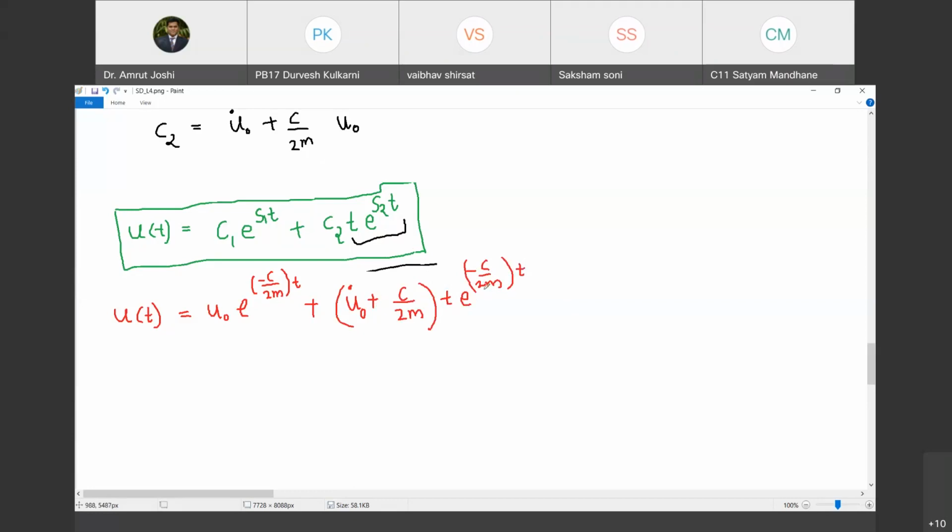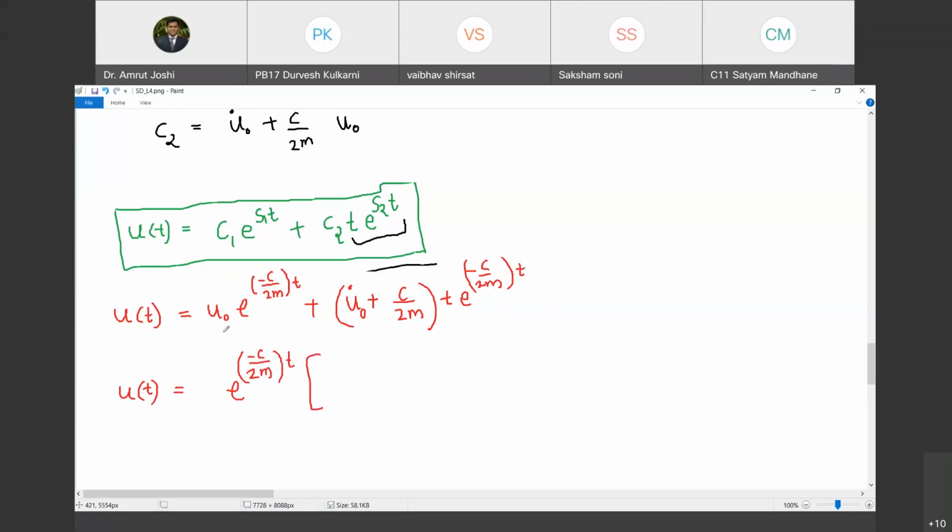Now I can take e raised to minus c by 2m times t common and write the expression of u of t as: e raised to minus c by 2m times t, this common, into bracket.